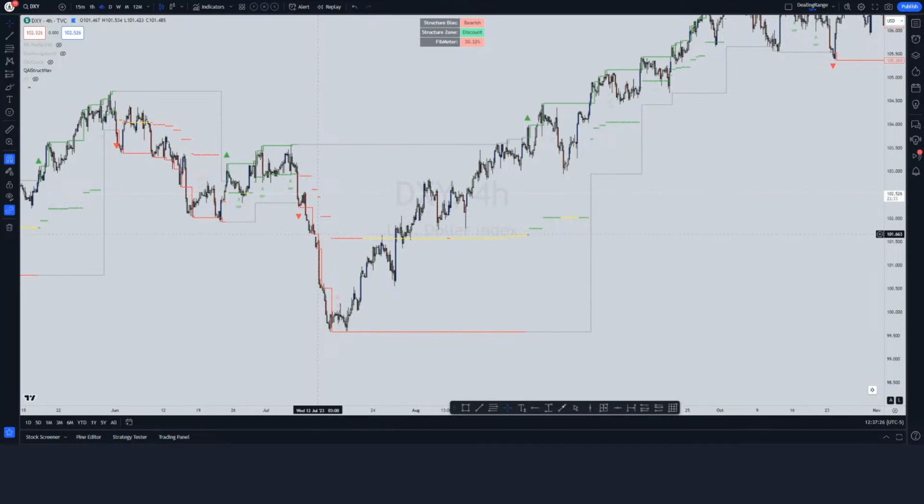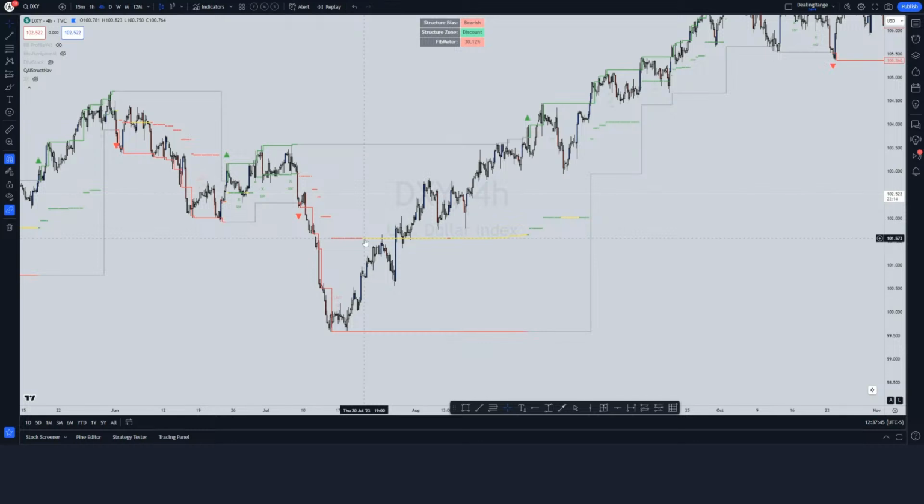So when you have alignment of color between the bottom line and the midline, when they're both red, it means the momentum to the downside is strong. You have bearish structure, and you also have short-term bearishness.